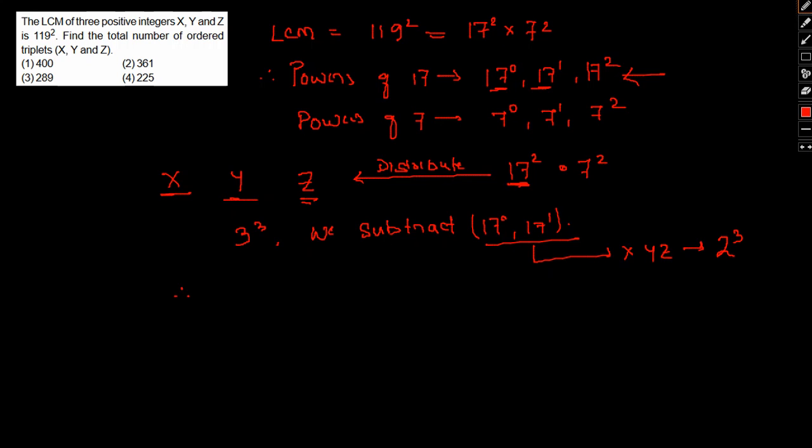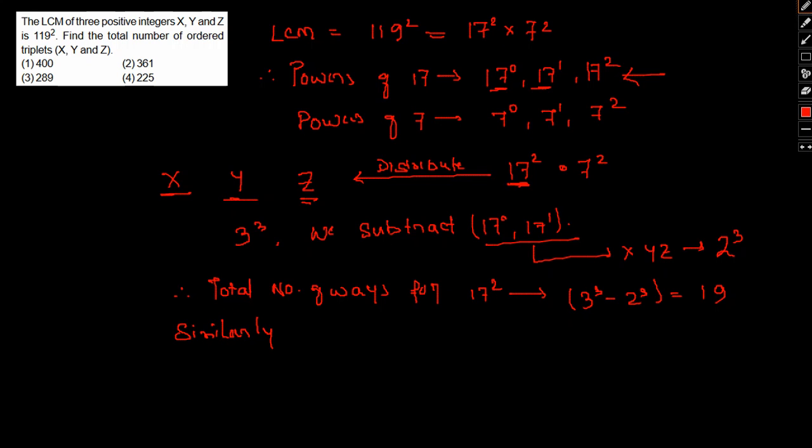Therefore the total number of ways for 17 square to be distributed will be 3 cube minus 2 cube, that is 19. Similarly, if I use a similar concept for 7 square, it will again be 3 cube minus 2 cube, equal to 19.